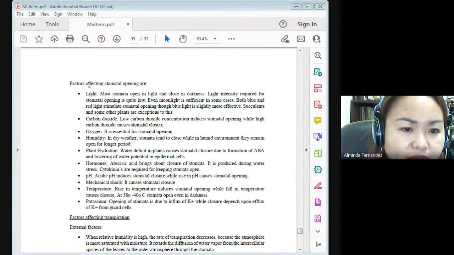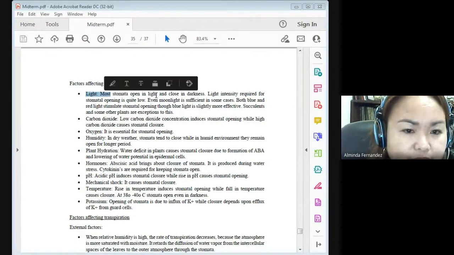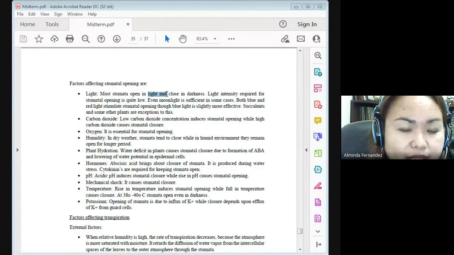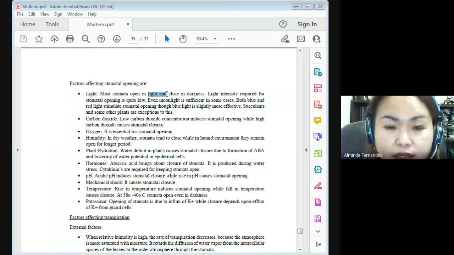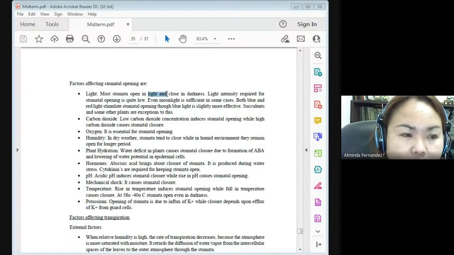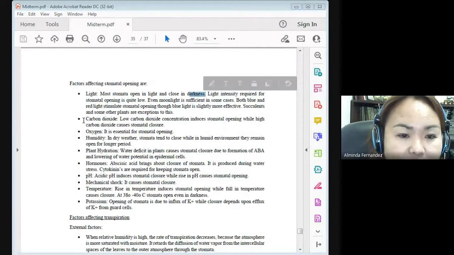And there are also a lot of factors in the stomatal opening. Una, light. Of course, it will open in light, but not all the time. Sometimes it closes in light, depende sa weather. If they are cactus and other CAM plants, or crassulacean acid metabolism, it will definitely close in light and open in darkness.